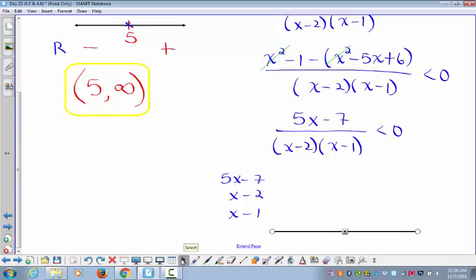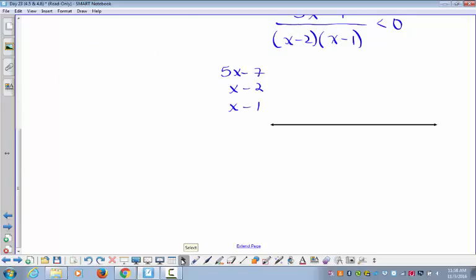Okay, so there's our line. And we're going to put our zeros on that line. So 2 and 1, and what about that 0? What's that one? 7/5. So that's 1 and some change. All right, so 7/5, 2, and 1.